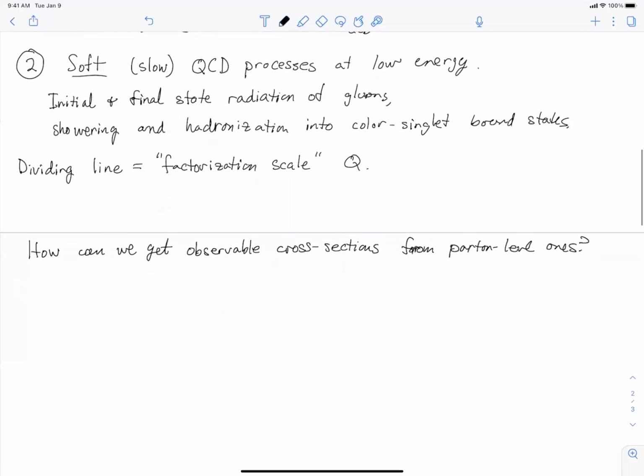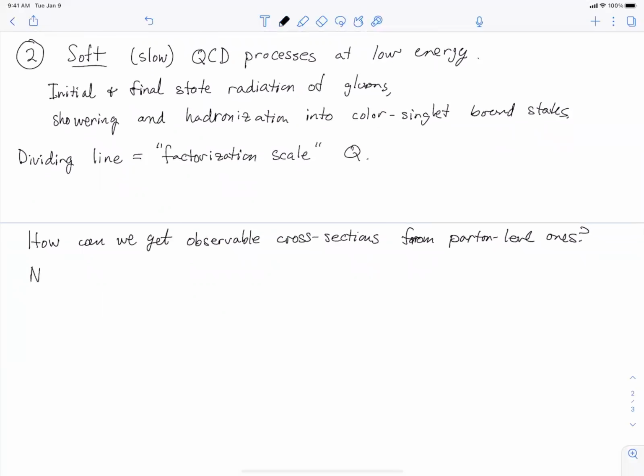So one thing we need to know is how many partons of a given type there are in a proton. That means quark, antiquark, or gluon. And for each quark or antiquark, also what flavor it is.